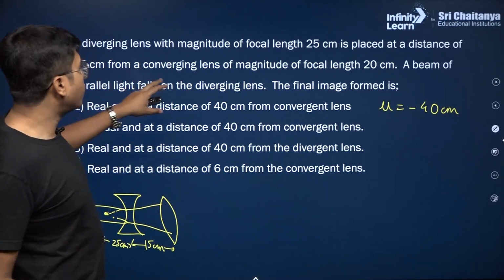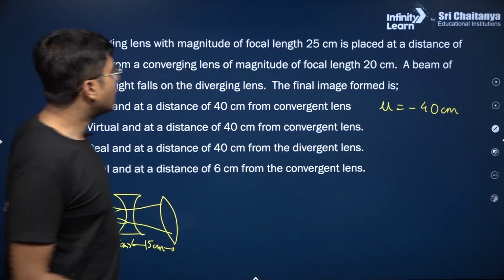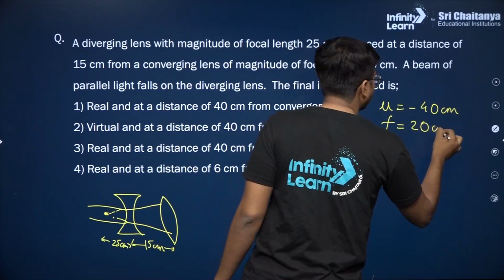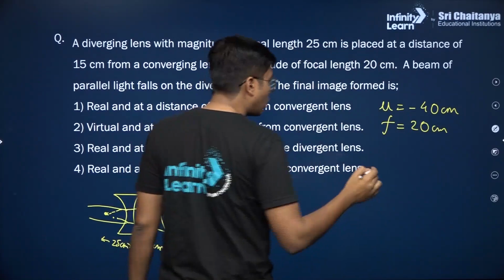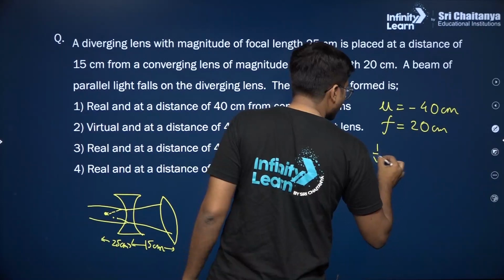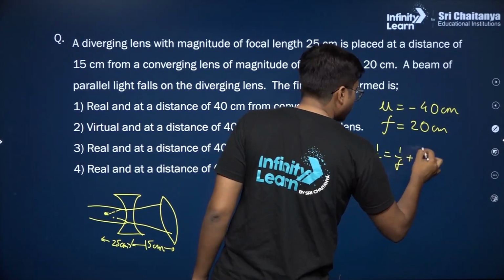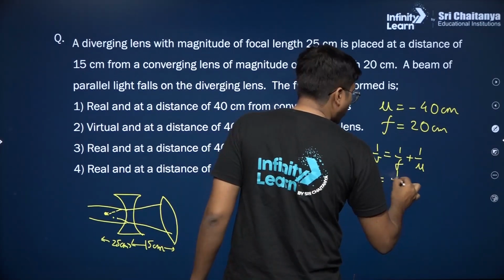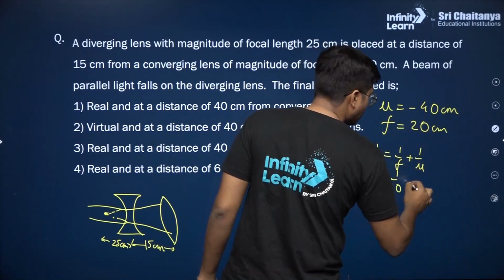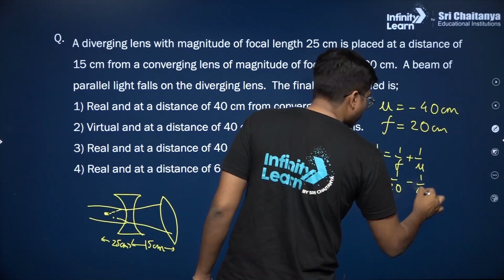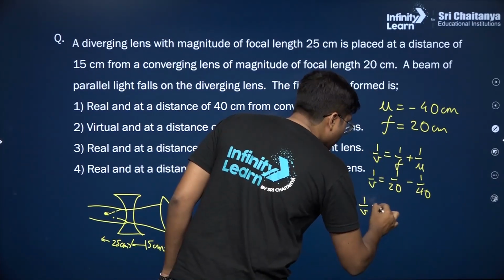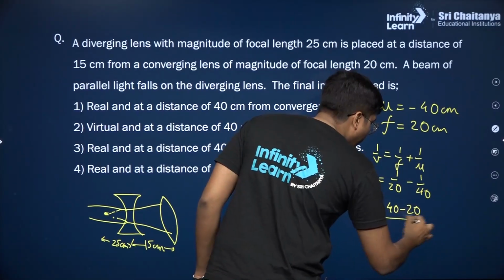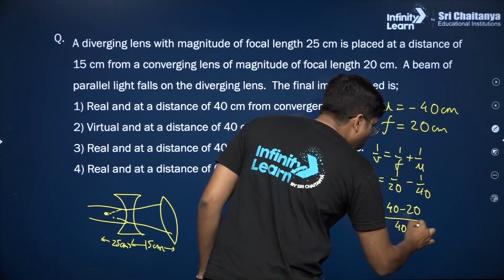F value is given for this lens as 20 centimeter. Since it's a convex lens, it's positive. Now we can use our relation 1 by v is equal to 1 by f plus 1 by u. So 1 by v is equal to 1 by 20 minus 1 by 40, which gives 1 by v is equal to 40 minus 20 divided by 40 into 20.